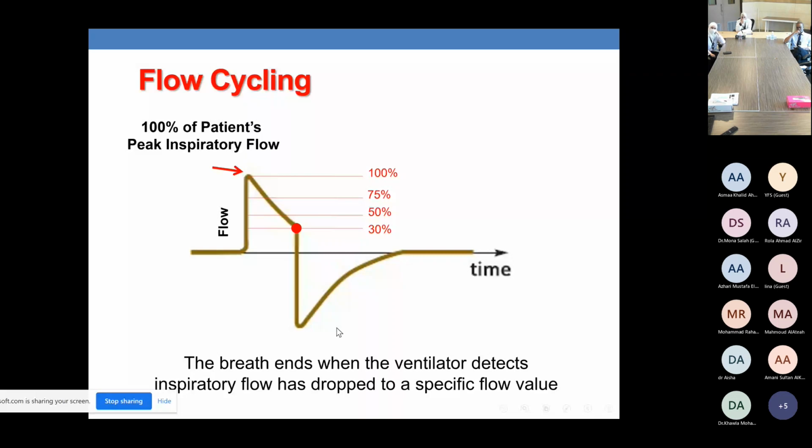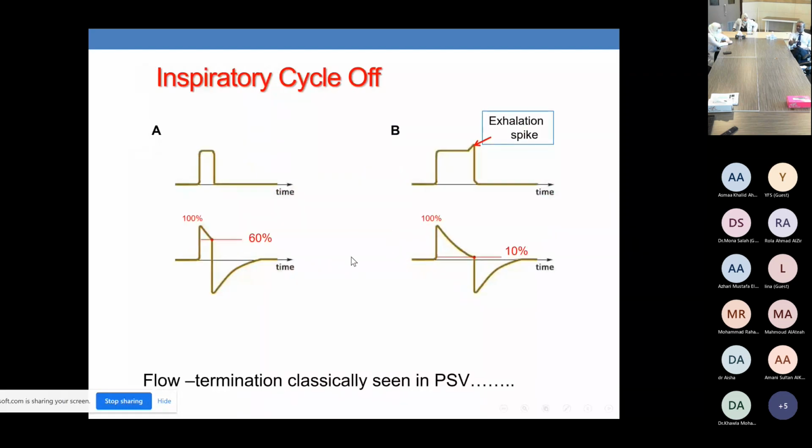So the breath ends when the ventilator detects the inspiratory flow has dropped to a specific flow value. Now, on the other ventilators, you can play with this pressure support or the flow cycling percentage.